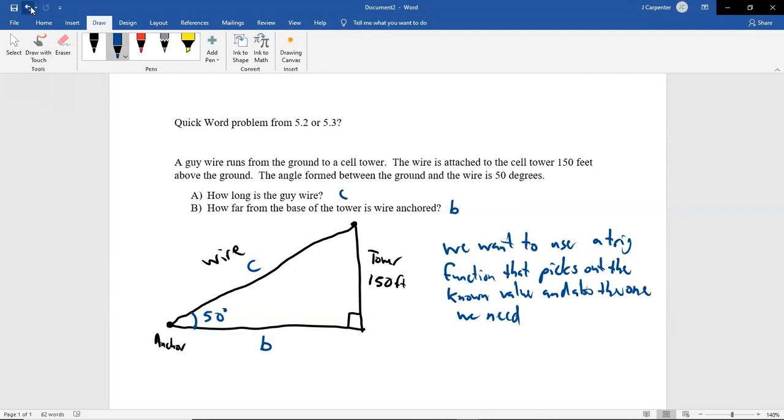And what am I referring to? Opposites, adjacents, and hypotenuses.